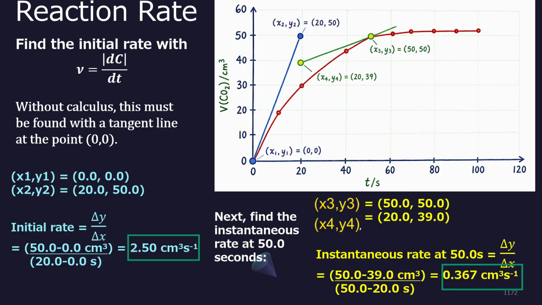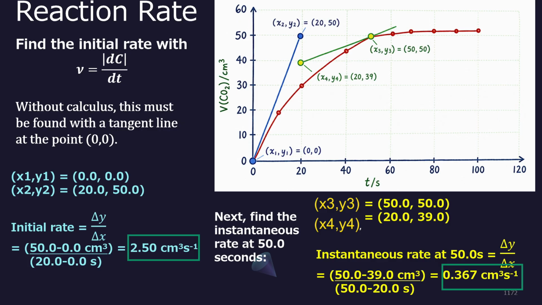That's fine for now. Next, find the instantaneous rate at 50 seconds. To do that, you'll draw your tangent. Try to draw a straight line that touches the graph only at the time 50 point. So I've drawn it there, and then choose 2 points on that tangent line to try and get your slope. We'll take, again, delta y over delta x. So my points, 20, 39, and 50, 50.